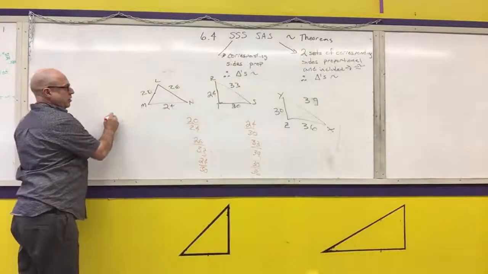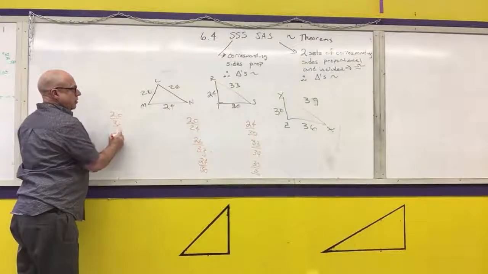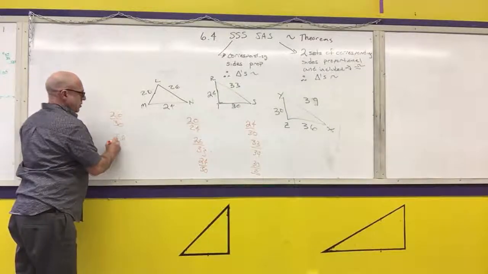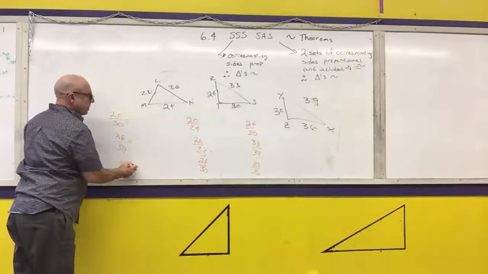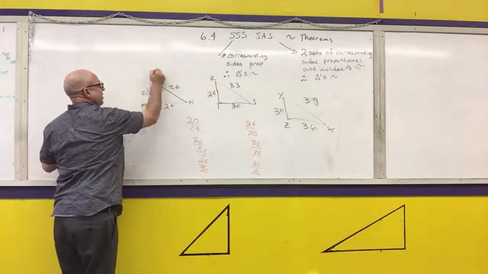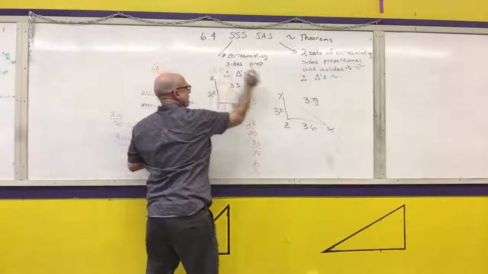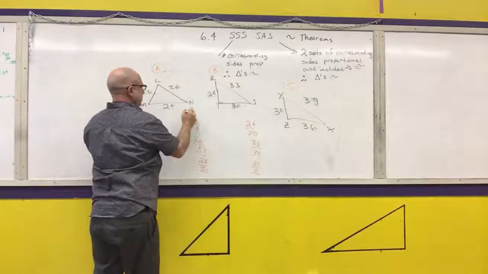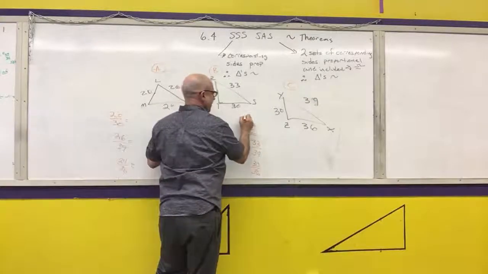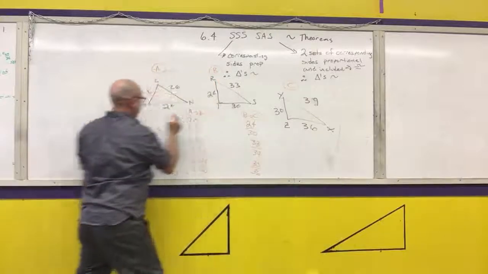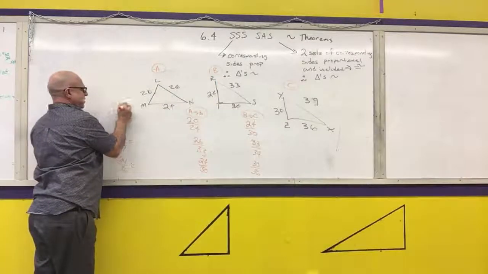And here. So I'm going to call this A, B, C. So this first group is A to B. The second one is B to C. And the third one is A to C.